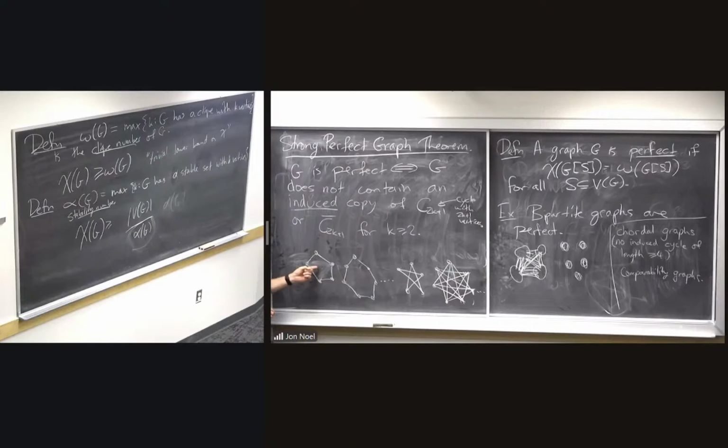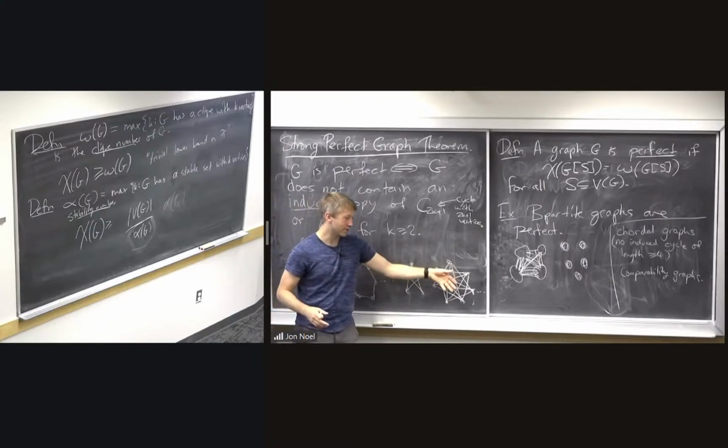And if you check these things, here the clique number's 2, right? Chromatic number's 3. So you definitely cannot have this in your graph because you're supposed to have chromatic number equal to clique number for every induced subgraph. So if this was induced in your graph, it would violate the condition, and you could check that these things also violate the condition as well.